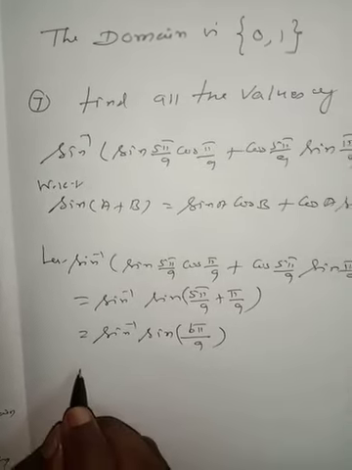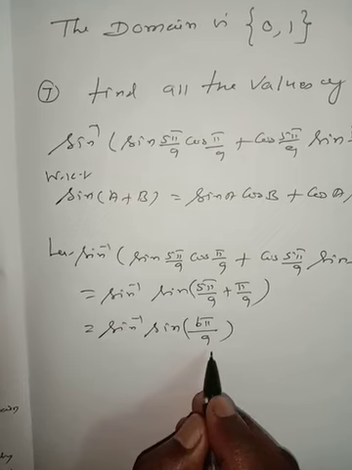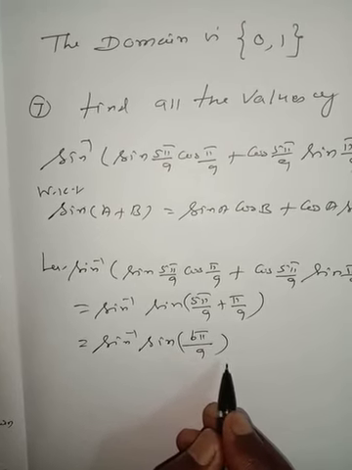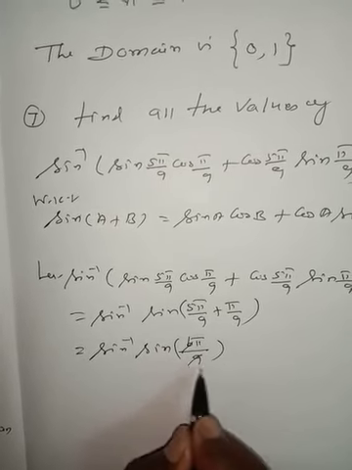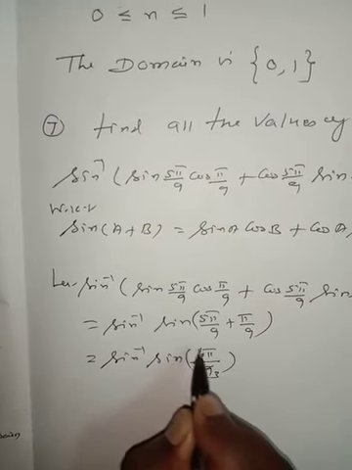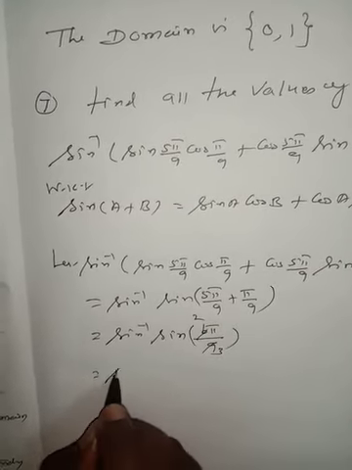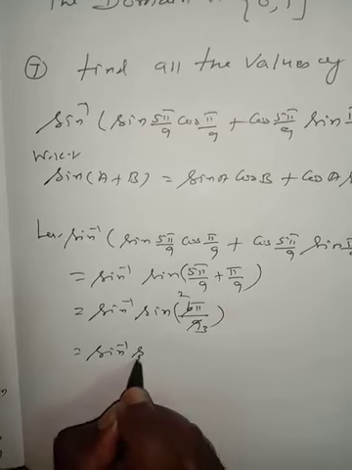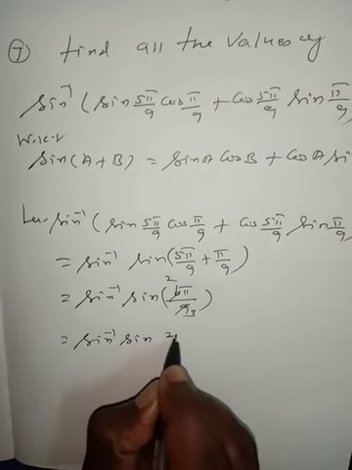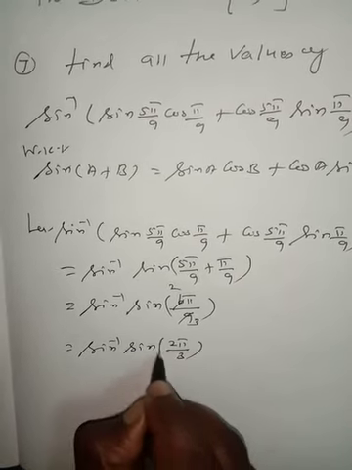Sin inverse of sin is actually 6 pi by 9. This can be written as, this and this are cancelled, 2 3s are 6. So sin inverse of sin 2 pi divided by 3.